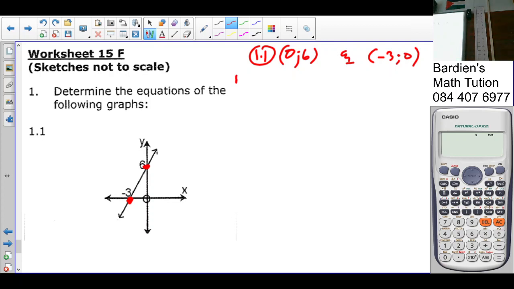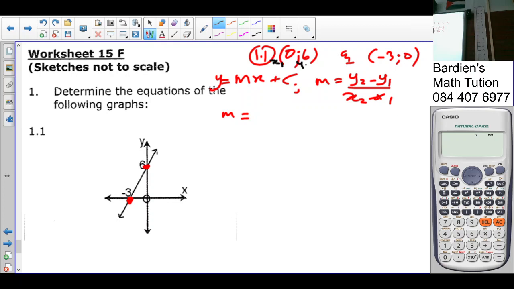You are familiar now, yes, anyway. Not so? So let's go. y is equal to mx plus c. To work out the gradient is y2 minus y1 over x2 minus x1. So if I make this x1, y1, x2, y2, it's going to be 6 minus 0 over negative 3 minus 0.